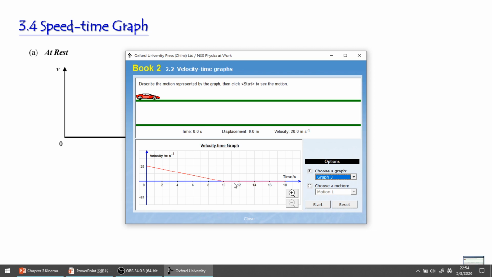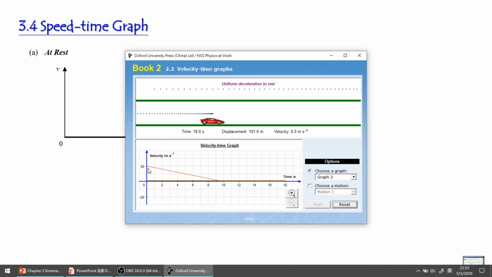And afterwards, it remains a horizontal straight line at 0. Okay, what does it mean? Maybe we click start to have a look. At the beginning, it moves very fast and then comes to rest at 10 seconds. And afterward, it stays at the same position.